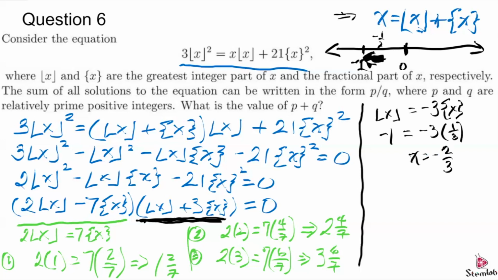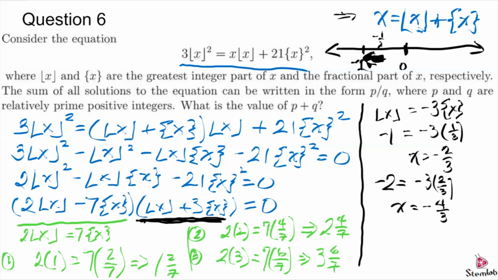So there's only one case left. The one that works is the floor of x equals -2. So -2 equals -3 times 2/3. Again, the floor plus the fractional value gives us that this case is x equals -4/3.